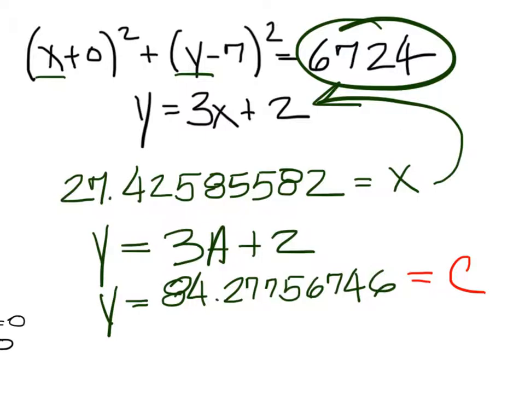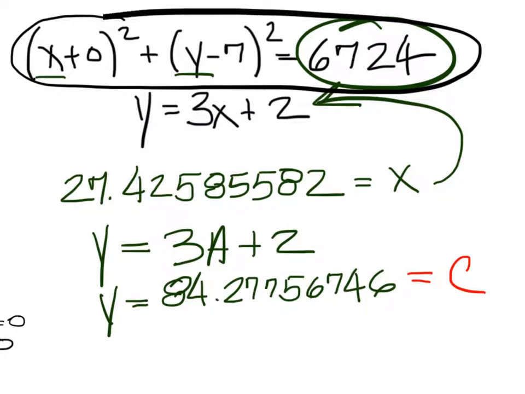Now let's work out this equation up here. Let's do the circle, and let's do X, which is what variable on our calculator? A. So let's do parentheses, left-hand parenthesis, alpha A plus 0, right-hand parenthesis, and the X squared button.